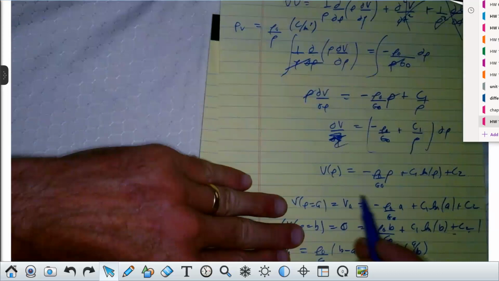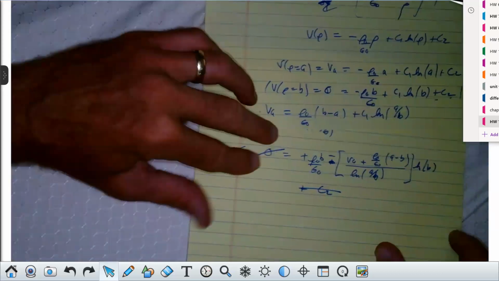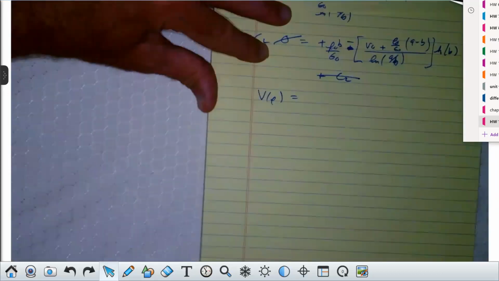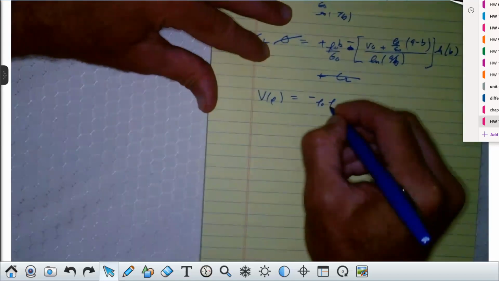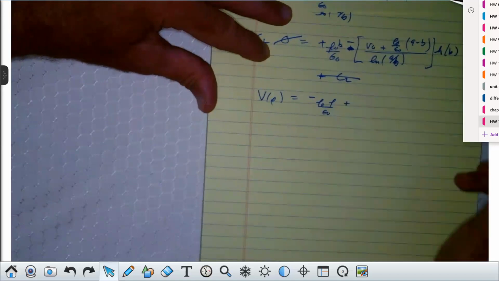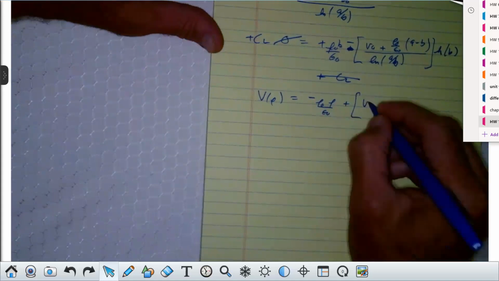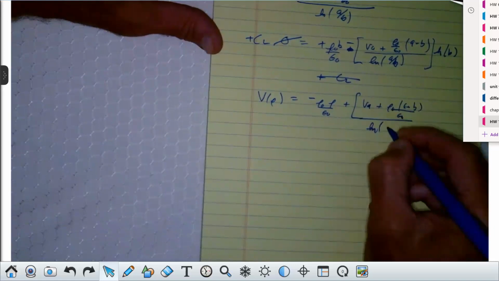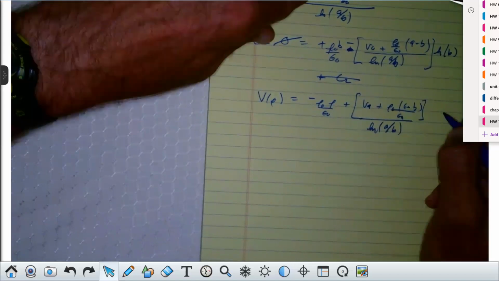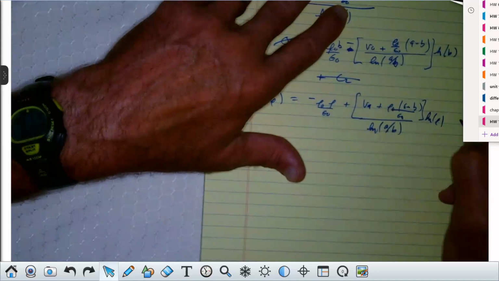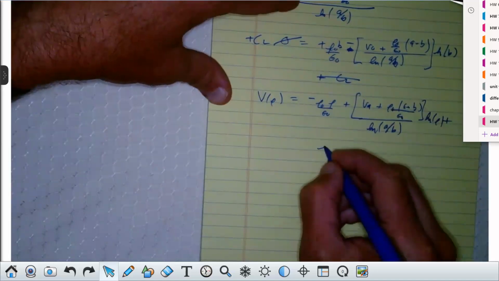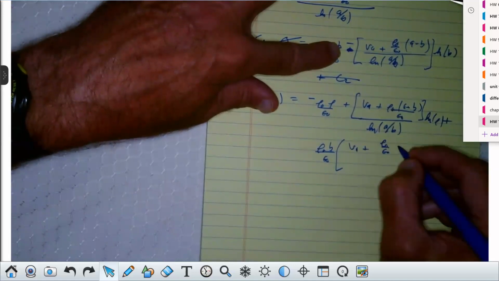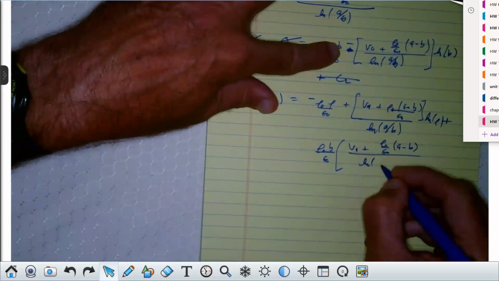When I get the original equation here, I find that V of rho, it's kind of a long one, but there's going to be a lot of cancellation, is equal to minus rho naught times rho over epsilon naught plus C1, and C1 is up there: VA plus rho naught times A minus B over epsilon naught, all over the natural log of A over B. That's C1, times the natural log of rho plus C2, and C2 would be this: rho naught B over epsilon naught times VA plus rho naught over epsilon naught times A minus B all over the natural log of A over B.